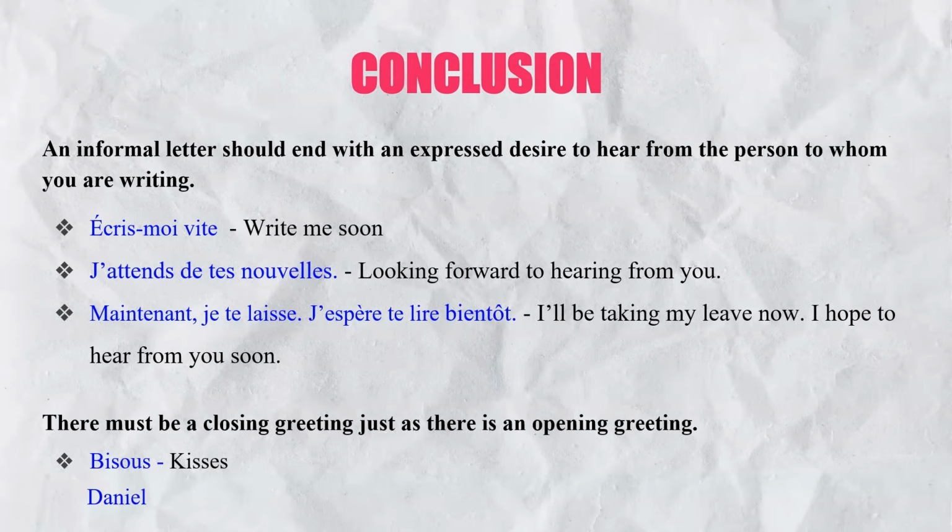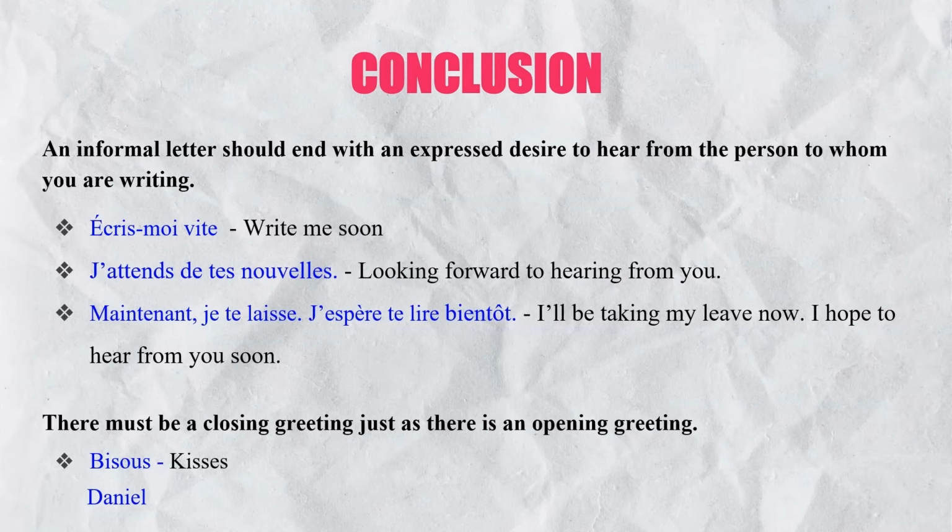Now for our conclusion. An informal letter should end with an expressed desire to hear from the person to whom you are writing. So some examples of this in French are écris-moi vite, right? Write me soon.